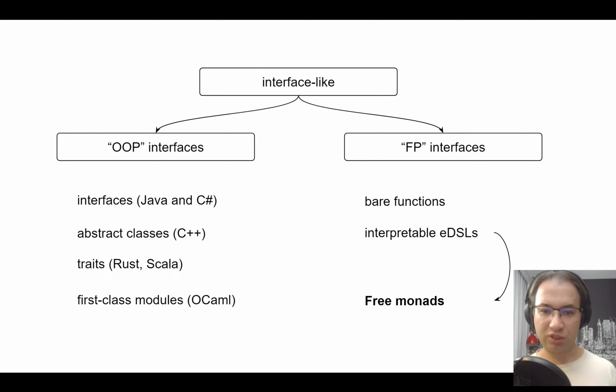Records of functions can serve this role, really. It's not a very convenient and very limited interface-like abstraction in some sense, but they really can do things every sane interface-like abstraction should do. But also interpretable EDSLs are interfaces in FP, and free monads are a specific class of interpretable EDSLs.